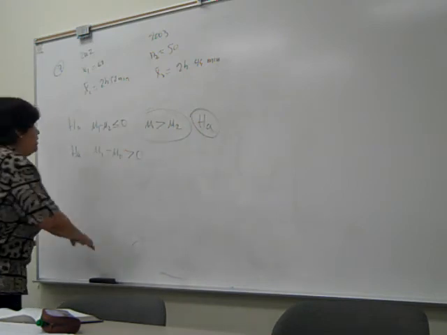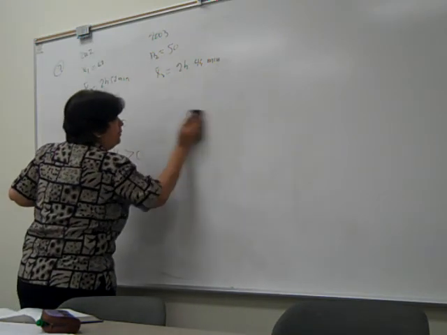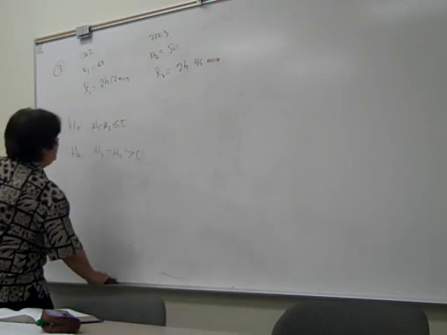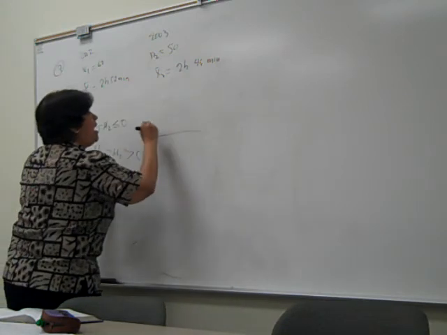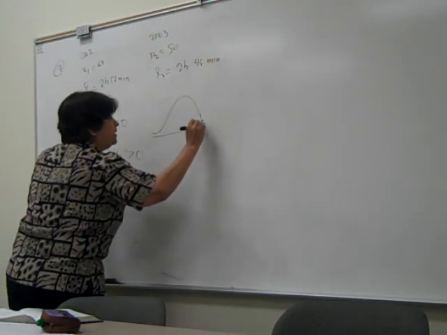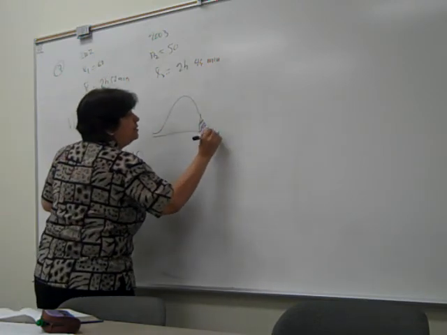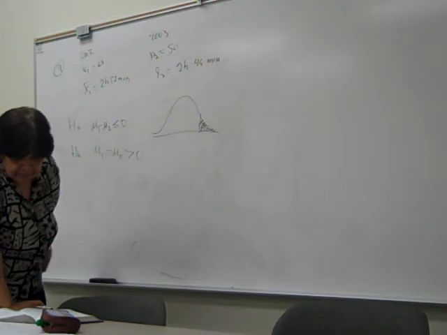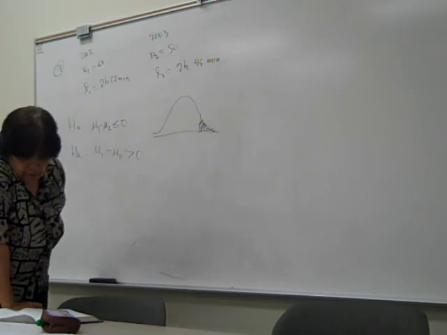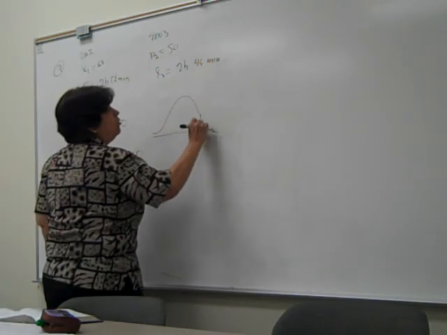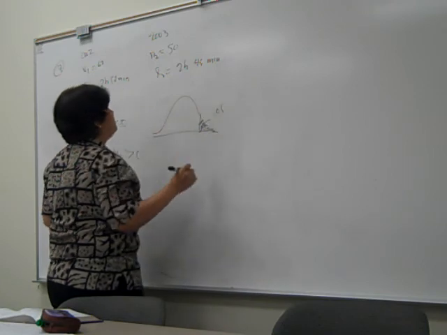This is how we set up our hypotheses. In this case, we have a one-tailed, upper-tailed test, and alpha is 0.05.